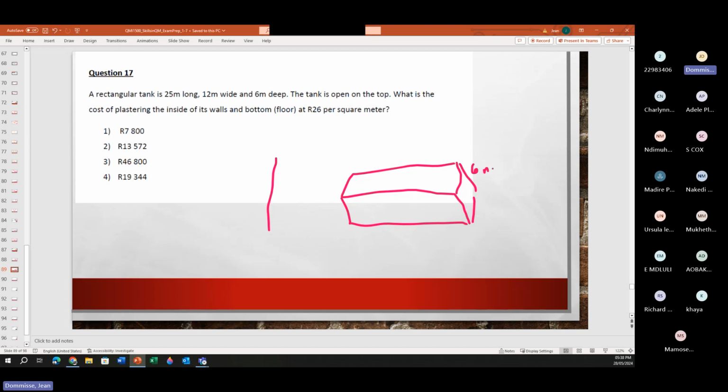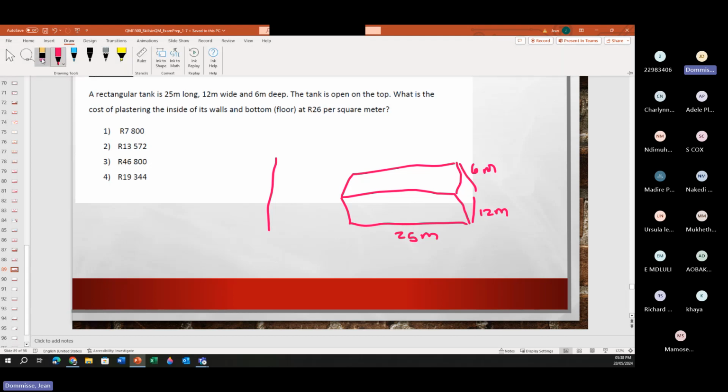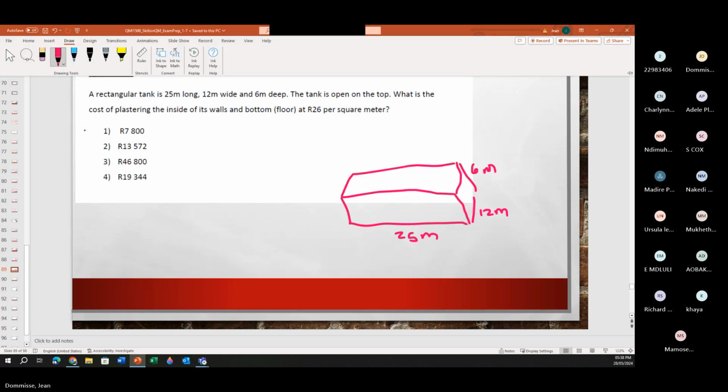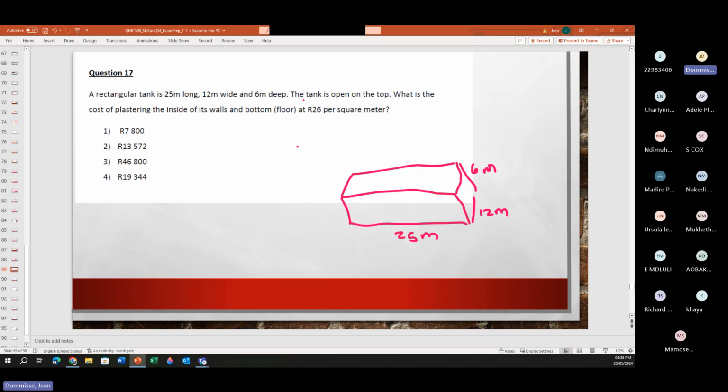So that's 6 meters, 12, and 25. Okay, and let's see what they ask us. And the rand value, okay, that's interesting. So the tank is open.